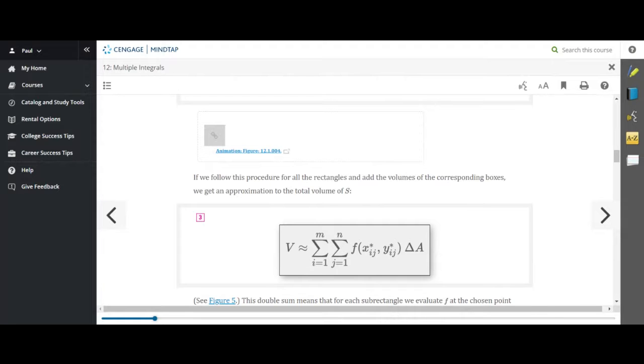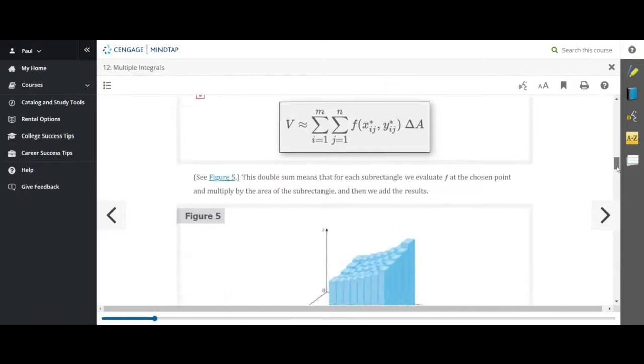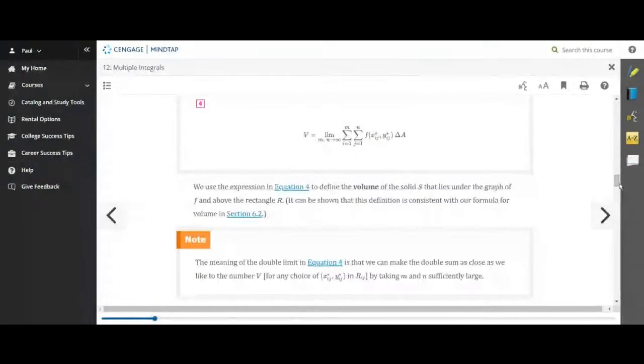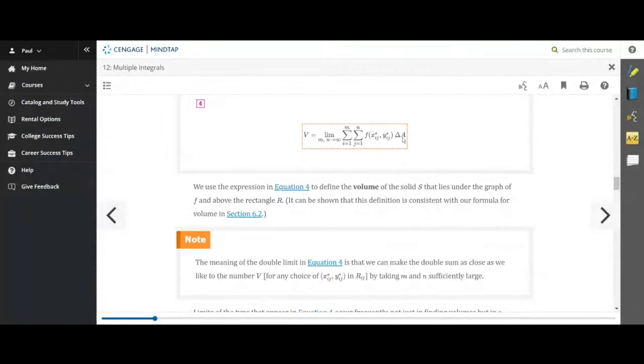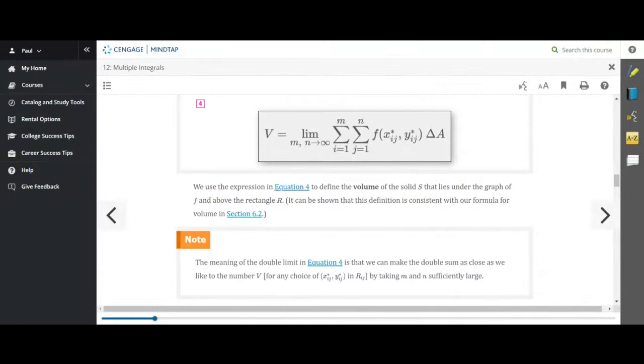And so if you take the limit, that means if you let m and n go to infinity, you're going to get the actual volume.